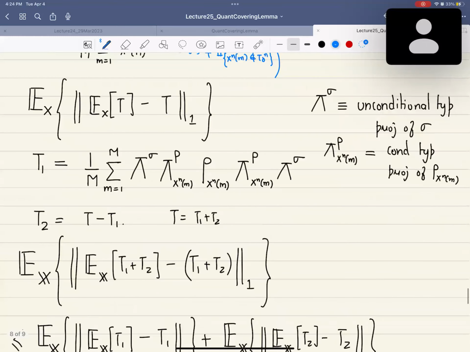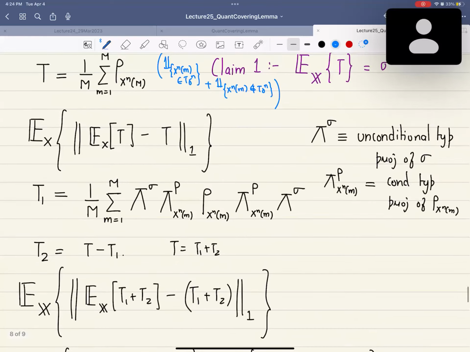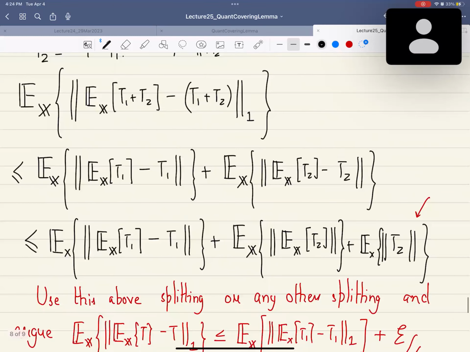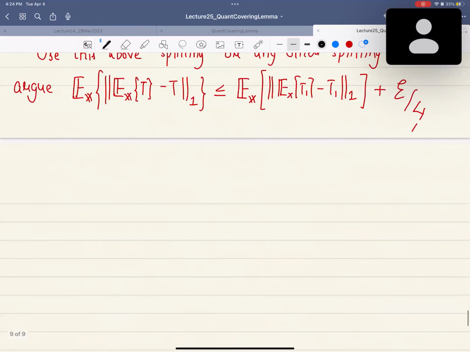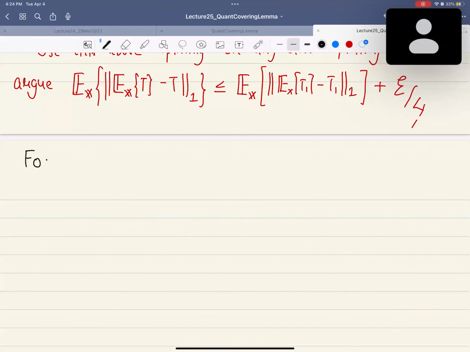So okay, the rest of the terms are not difficult. You use the gentle measurement lemma and the pinching lemma. So focus on the following.